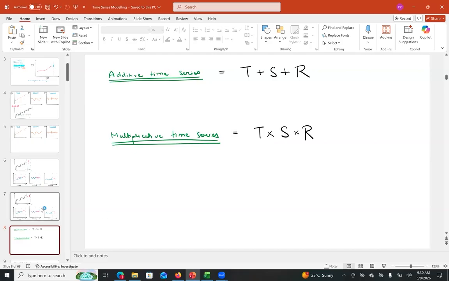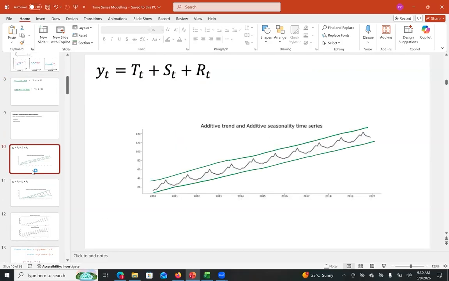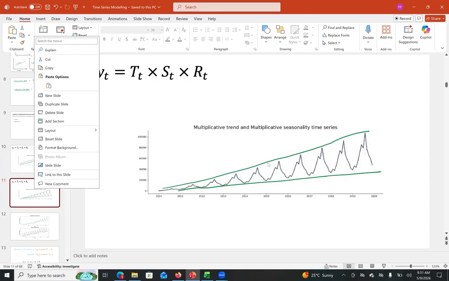Now, this is an additive time series. If you look at it, the values are always in a channel between this green line and this green line. On the other hand, a multiplicative time series will look something like this.